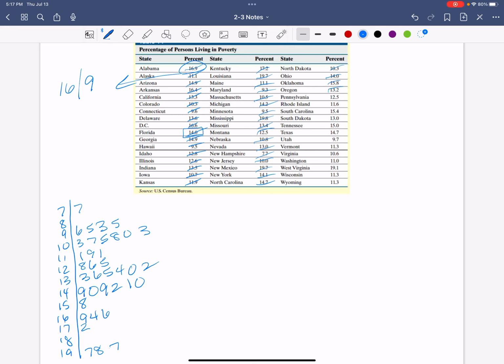It gets a little tedious. 12.5, 11.6, 15.4, 13.0, 15.0, 14.7, 9.7, 11.3, 10.6, 11.0, 19.1. Hang in there, we're almost done. 11.3 and 11.3 again. Okay, so here is this mess.